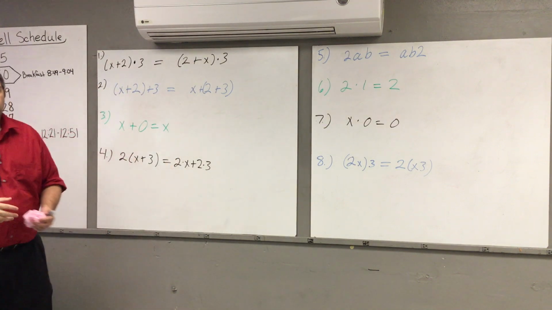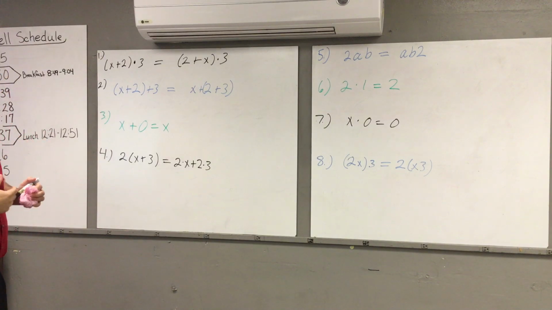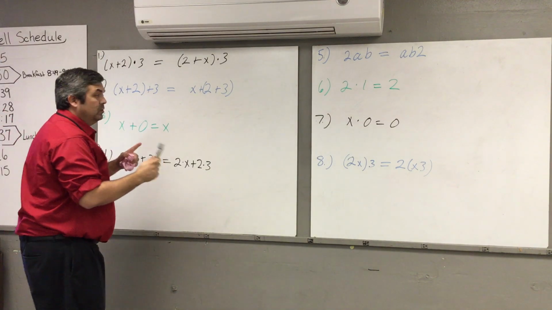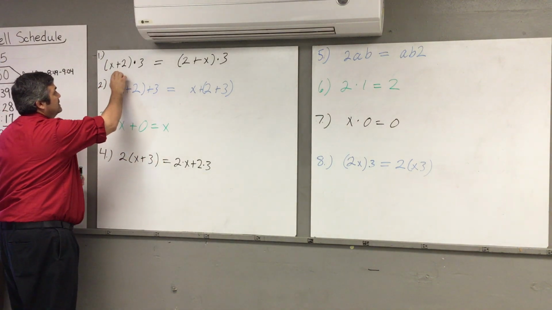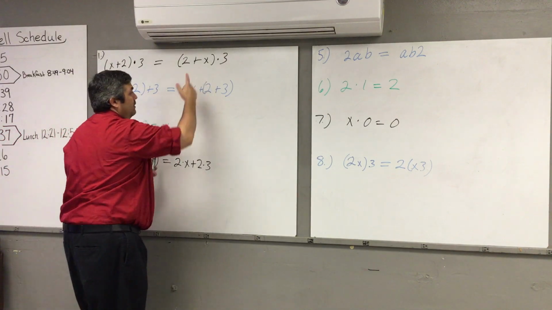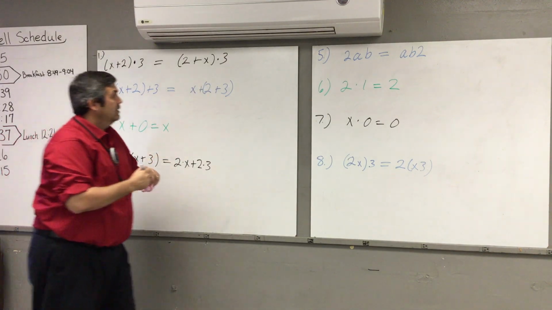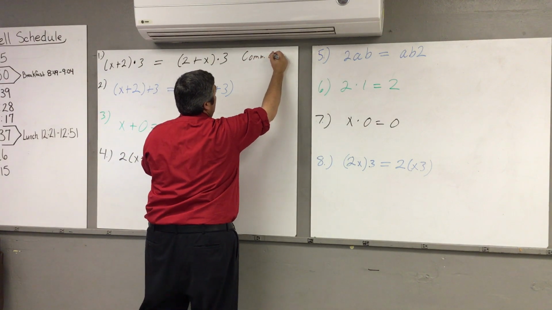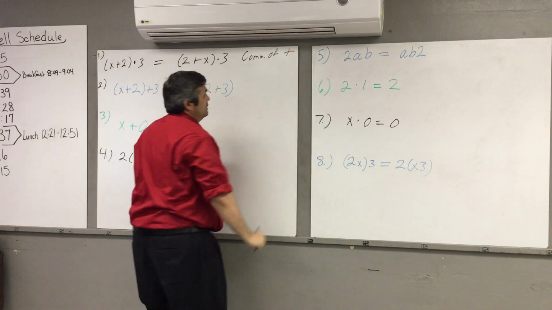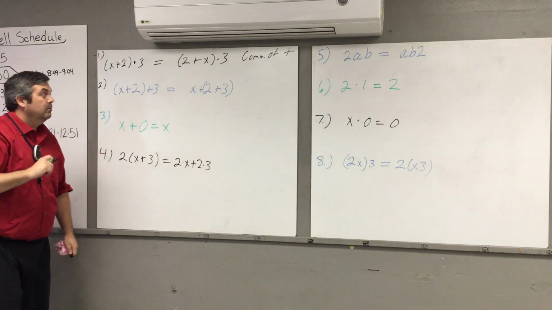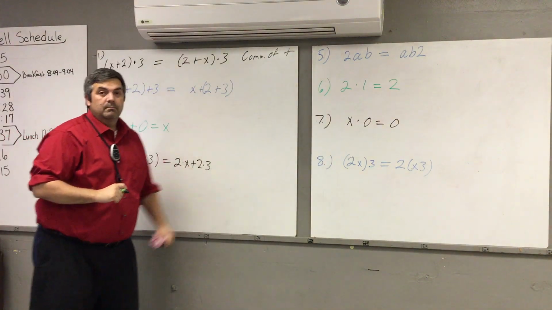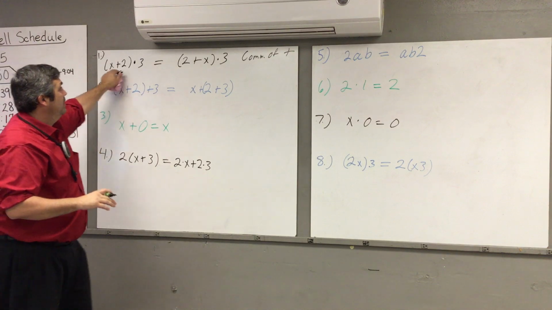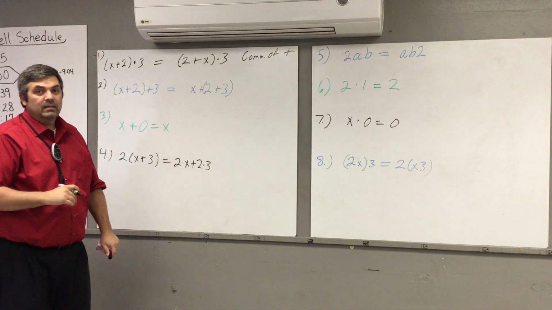That's the order, okay? That's commutative property. And specifically it's commutative property of addition because it's this addition problem right here that is actually switching. So commutative property of addition, okay? So if you got that right, great. Make sure you're paying attention. If not, make sure you're looking at the right things.